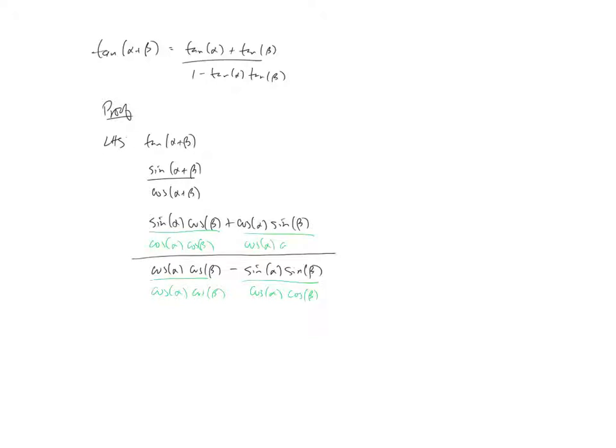So cosine beta. Good. So as you can see, those are gone, and that leaves us with the 1. The cosine betas are gone there. Cosines of alphas are gone there. And it looks like that's about it. So now, here sits your tangent of alpha. Here sits your tangent of beta.